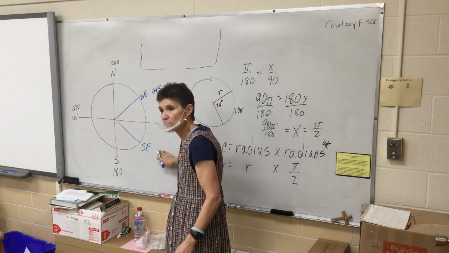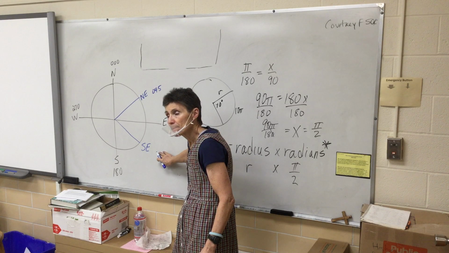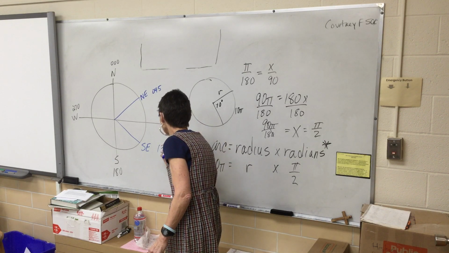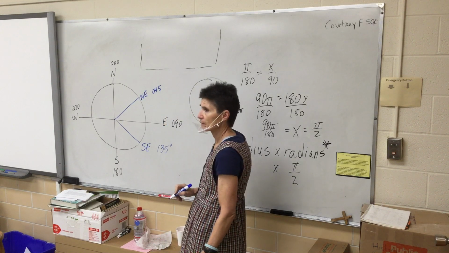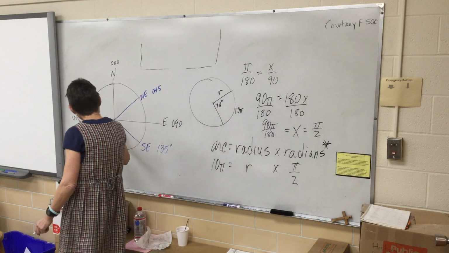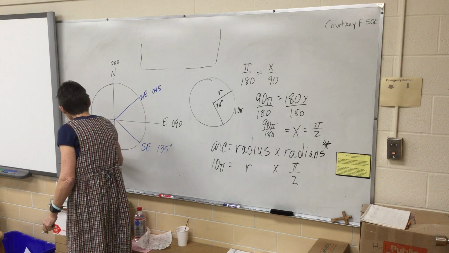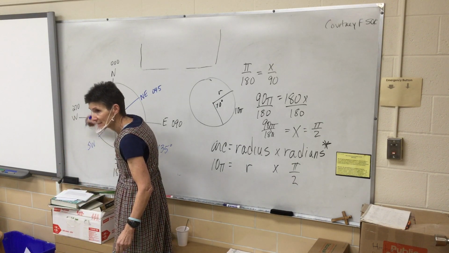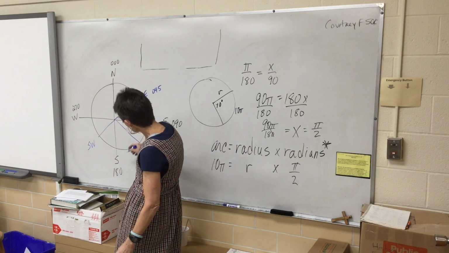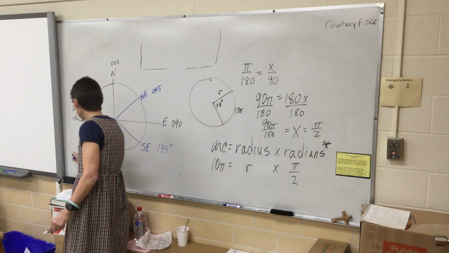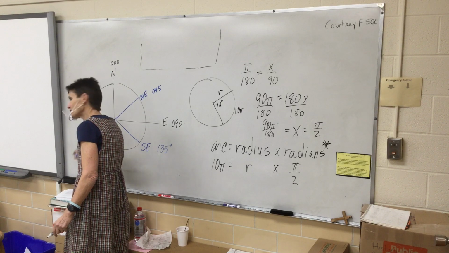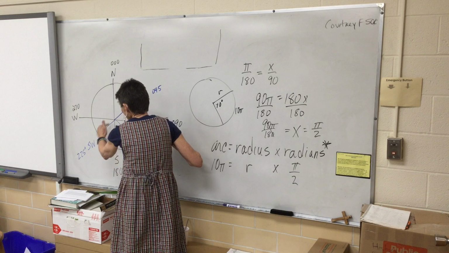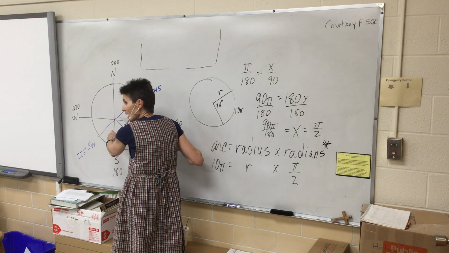And then this one would be southeast. And what would be its measure? 135? And this one would be southwest, right? Everybody following that between the south and the west, so it's southwest. And it would be 225. And in case you're not sure how he's doing that, remember, these are quadrants. So when I split it, it's 45 and 45.